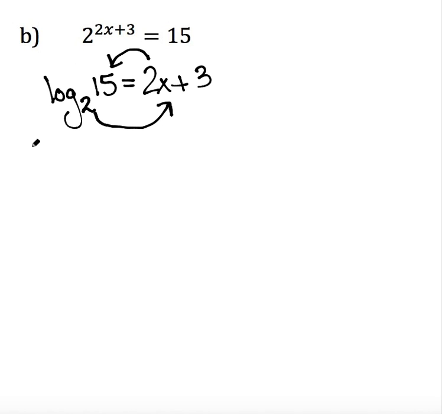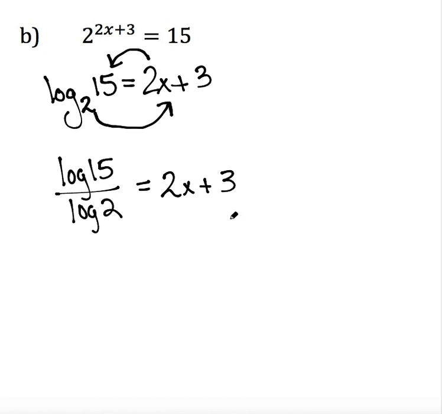Now I can use change of base formula on the left-hand side to write this as log of 15 divided by log of 2 is equal to 2x plus 3. I'm trying to solve for x, so I'm going to subtract 3 from both sides.